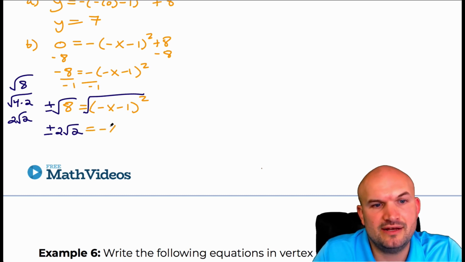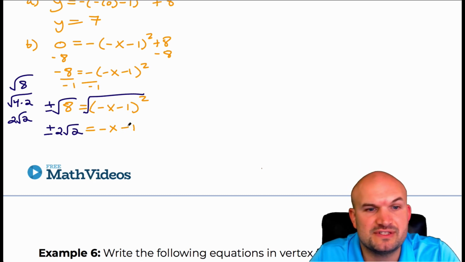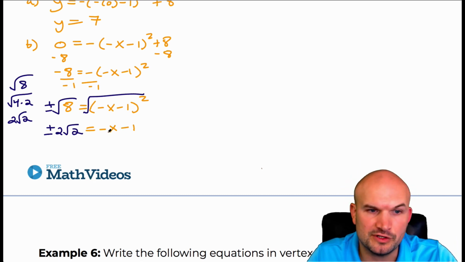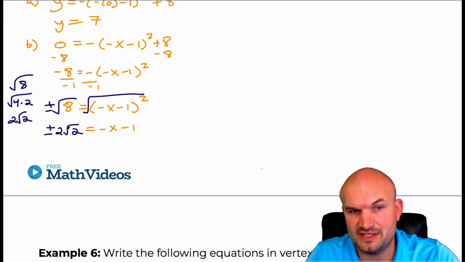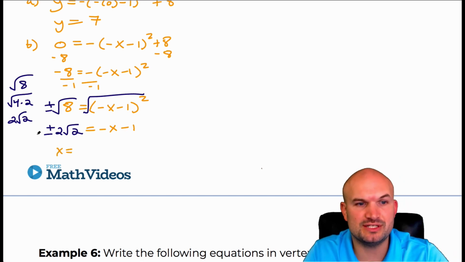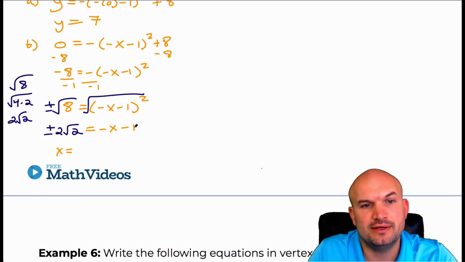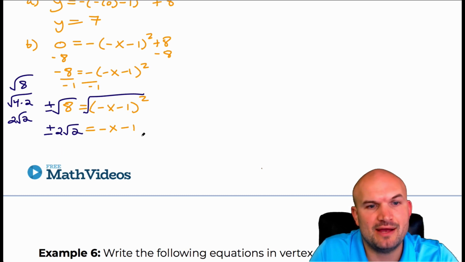equals now negative x minus 1. There are a couple different ways we can do this. It doesn't really matter if you're multiplying everything by a negative. That's just going to flip those around. So if I add a 1 to both sides, then I'd have negative x is equal to 1 plus or minus 2 square root of 2.